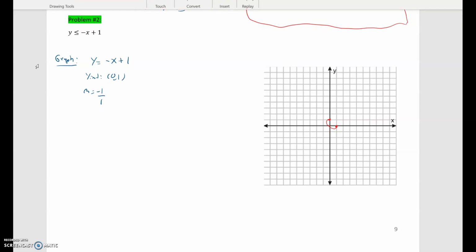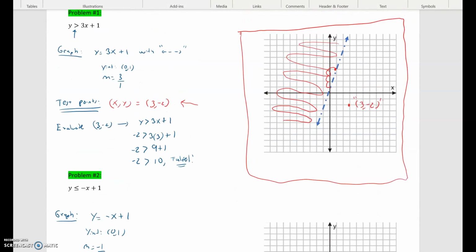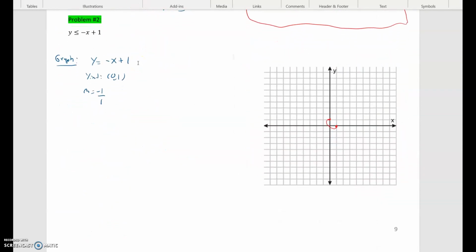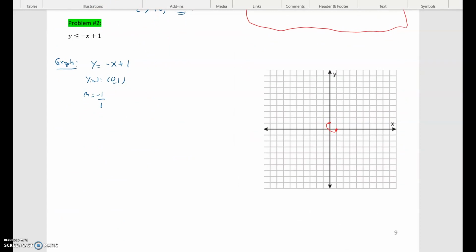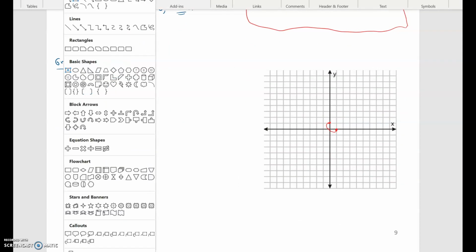Notice that in this case, the line has a statement of less than or equal, so it's going to be solid. I only wrote dotted on the previous one because it was a greater. So on this one, let me do the insert of the line.